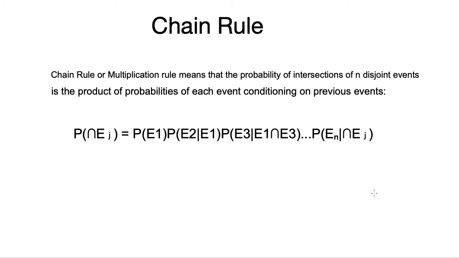The chain rule or the multiplication rule means that the probability of the intersection of n events is the product of probabilities of each event conditioned on previous events.